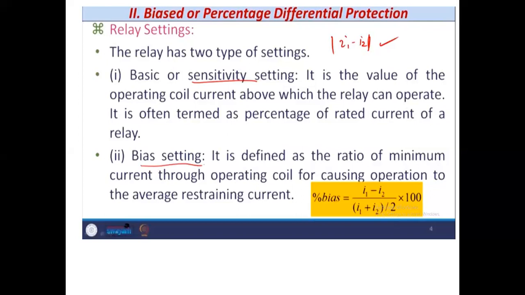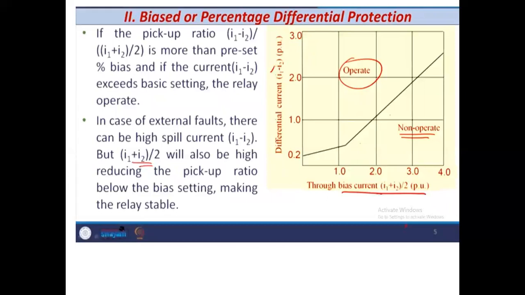Okay, so now let us discuss the characteristics of the bias differential relay. The characteristics of this relay are plotted like this: on the y-axis we consider the differential current, that is I1 minus I2, in per unit values, and on the x-axis the bias current, that is I1 plus I2 divided by 2.